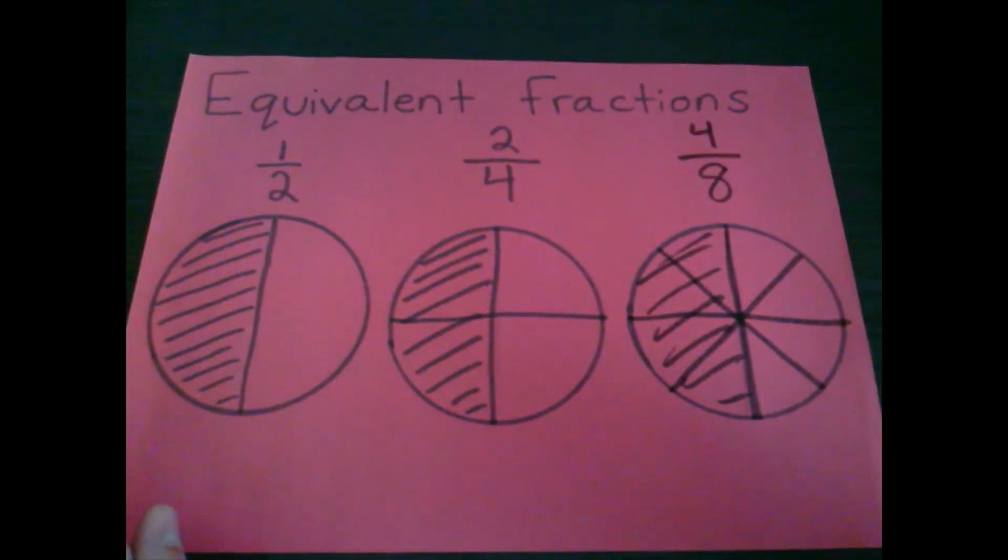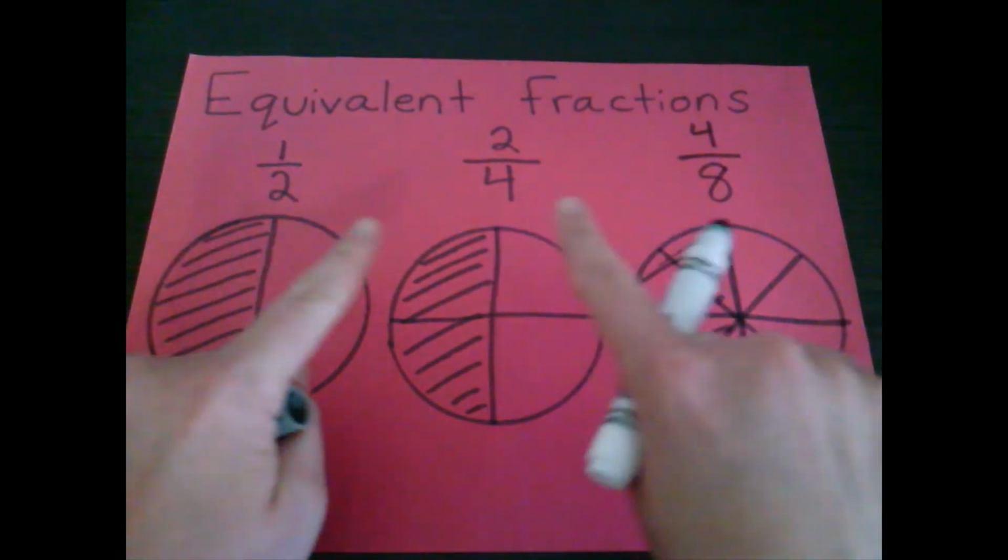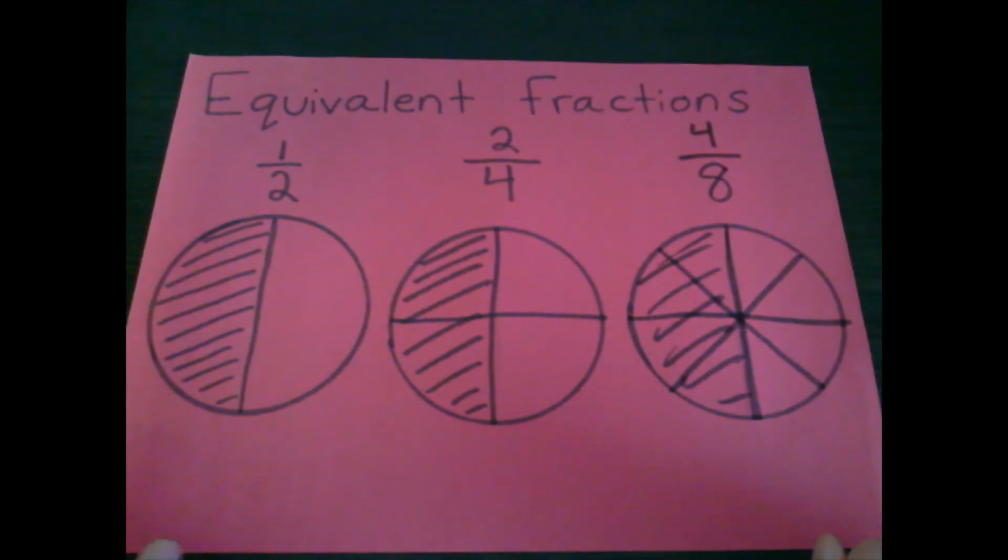All 3 of these circles are equivalent. Some circles have more parts and some have less, but the amount that is shaded is the same. So all 3 of these circles and all 3 of these fractions are equivalent.